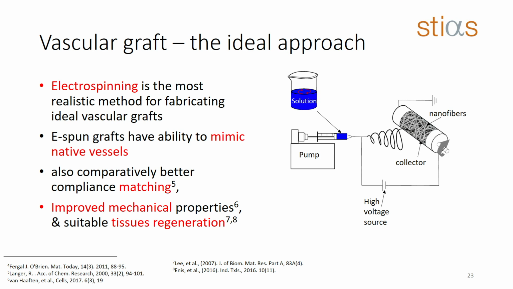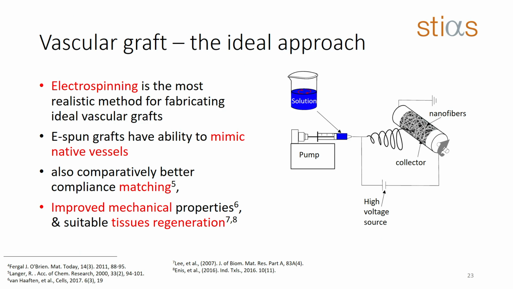There is actually hope that an ideal graft can still be fabricated, and there's actually hope that with more research we can develop a graft that has the ideal attributes of a graft that can behave much closer to the biological grafts. Electrospinning is actually a process where vascular grafts have been fabricated, and it's actually the most realistic approach for fabricating vascular grafts.